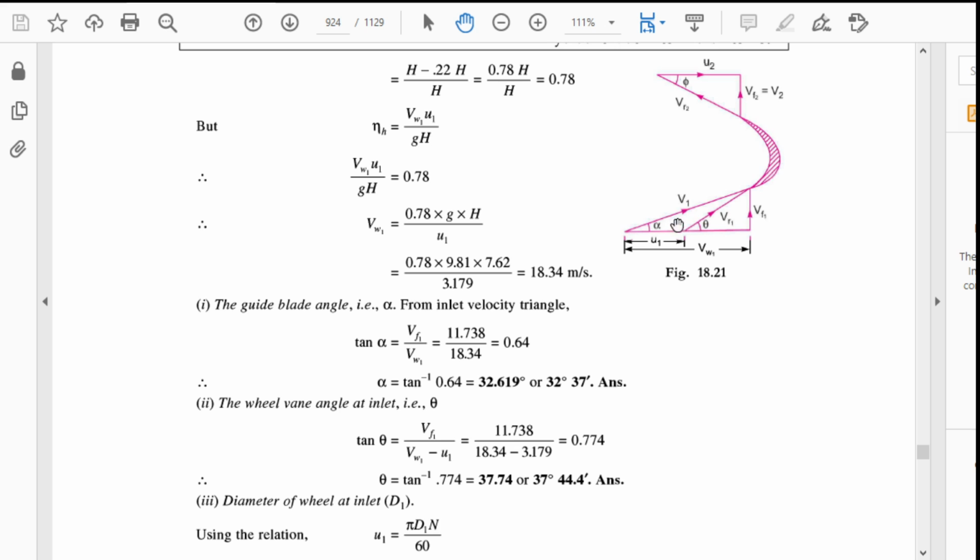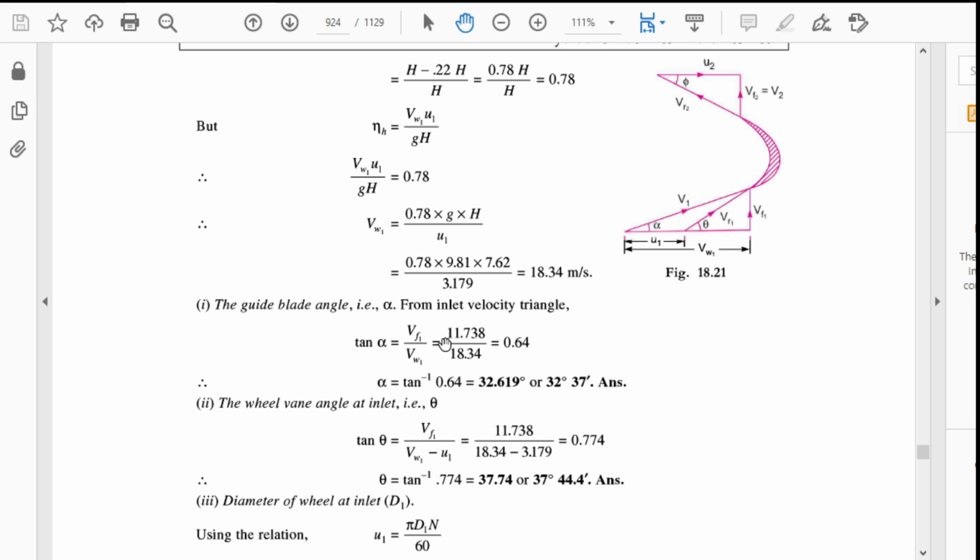From the inlet velocity triangle, tan alpha is the opposite side vf1 divided by the adjacent side vw1. Here vf1 is 11.738, and vw1 we found as 18.34 meters per second.